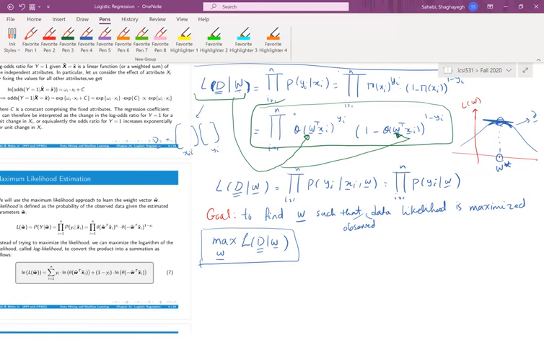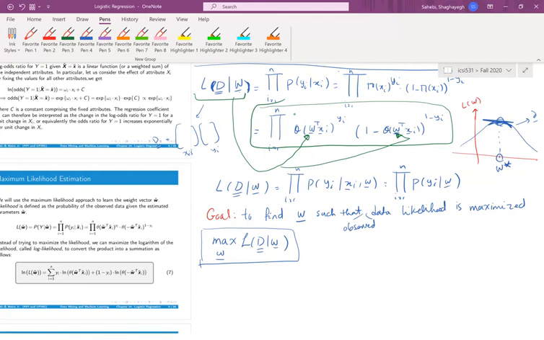What people usually do when they want to optimize a likelihood function is that instead of differentiating the likelihood function itself, we try to maximize the logarithm of the likelihood function.